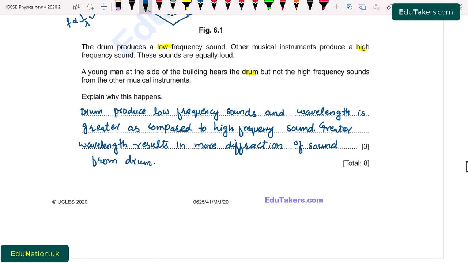That's why the lower frequency sound can be heard by this man, but not the high frequency sound.